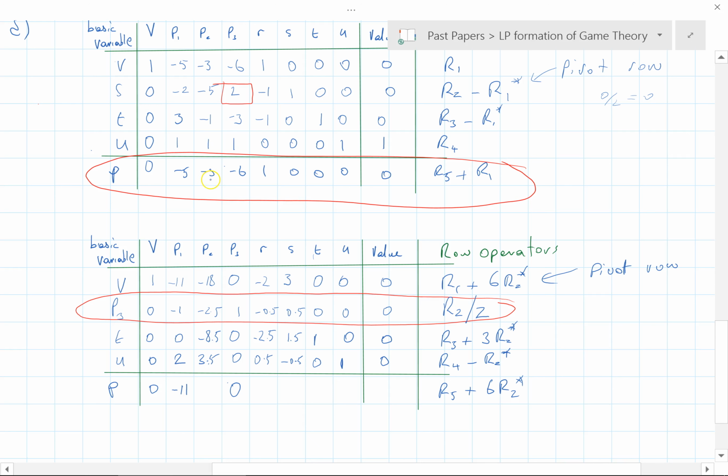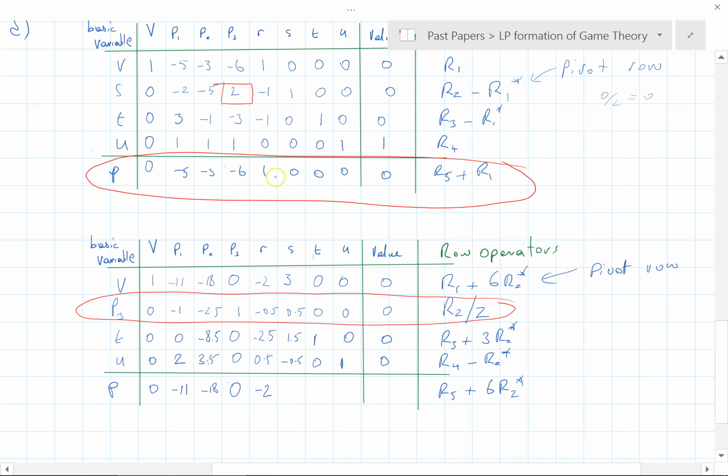Minus 3 plus 6 times minus 2.5, that's minus 18. And the minus 6 reduced to 0, we've already done. 1 plus 6 times minus 0.5, which is equal to 1 take away 3, which is minus 2.